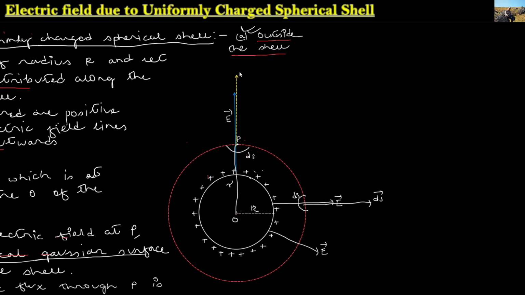So it is very evident from here that this ds bar acts in the same direction in which the electric field vector is acting. Even if I consider this area element over here and draw the area element vector, both E and ds are acting in the same direction.